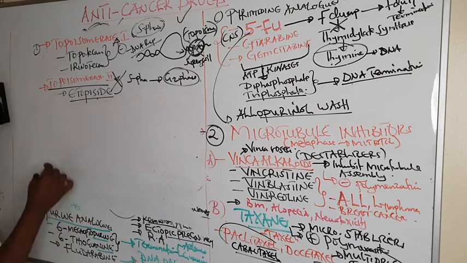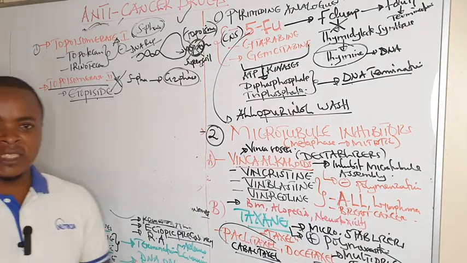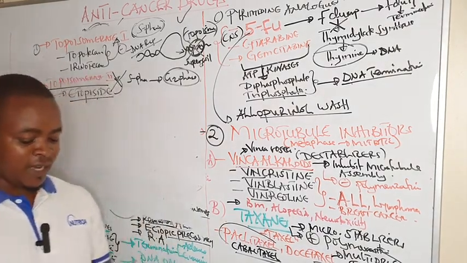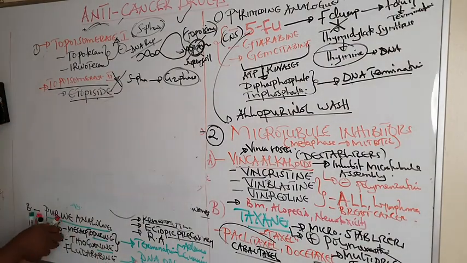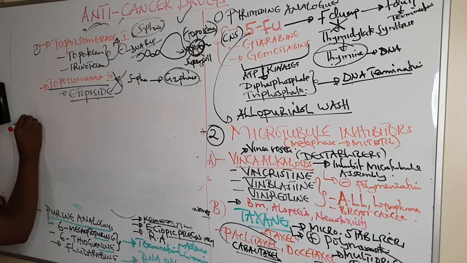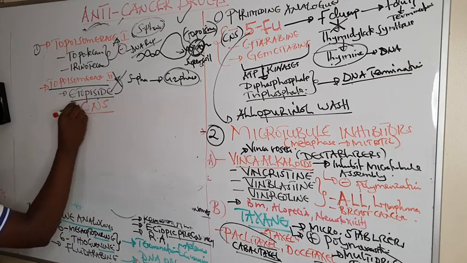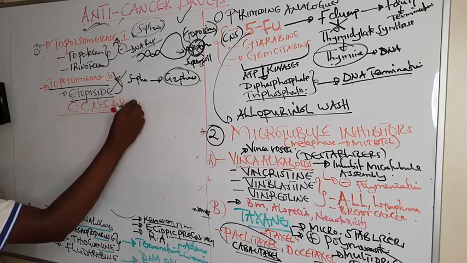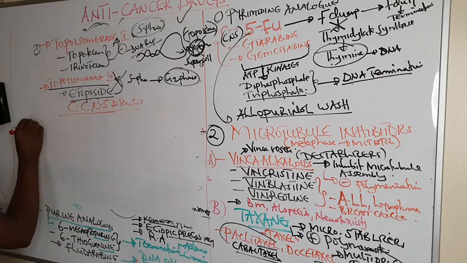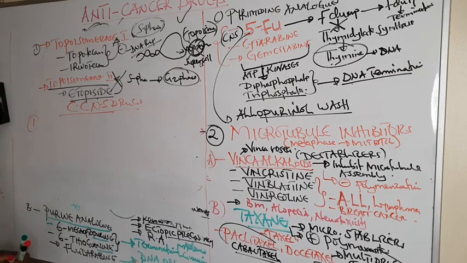So now let us look at the cell cycle non-specific drugs, and those are known as alkylating agents. These are cell cycle non-specific drugs, and we are going to look at class 1 being alkylating.